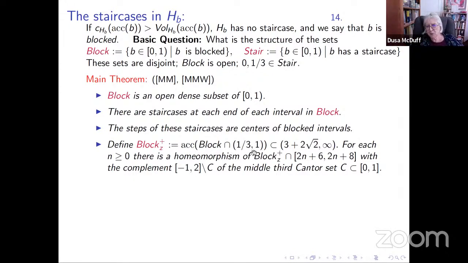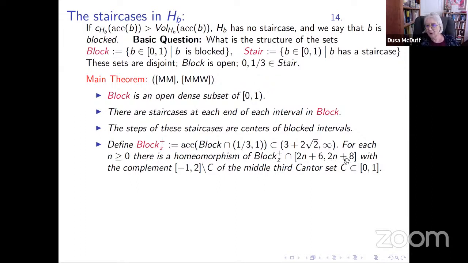The accumulation points here live in the interval starting at 3 plus 2 root 2, which is the accumulation point of the third staircase in infinity. And if we look at these intervals of length 2, going between 6 and 8, 8 and 10, 10 and 12 and so on, we look at what the blocked intervals look like inside there.